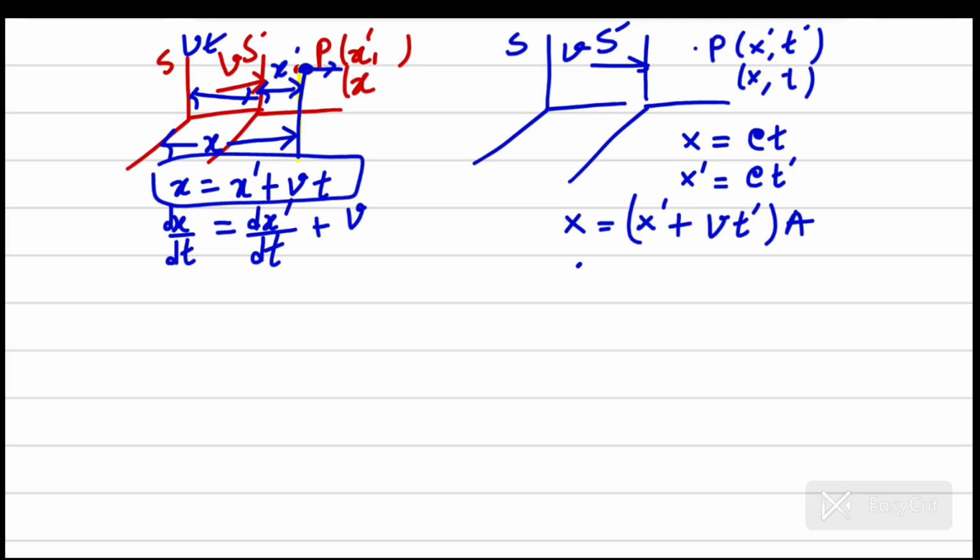So if you want to take the inverse transformation, we'll just make the prime unprime, interchange the prime position, and replace the plus sign with the minus.